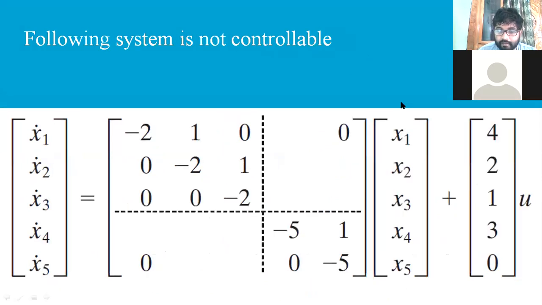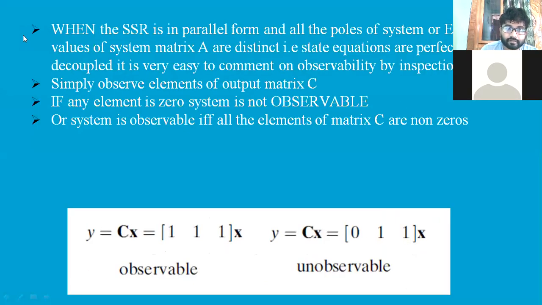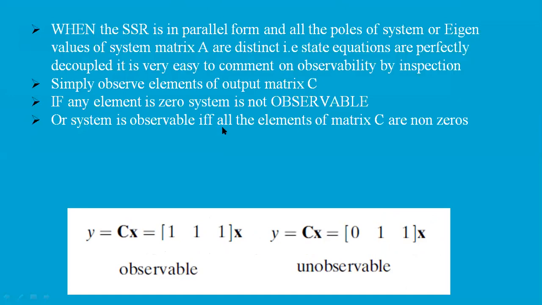Similarly, observability also. So what is observability again? In case the system is completely represented in diagonal canonical form or parallel canonical form, it is very easy to comment on observability.